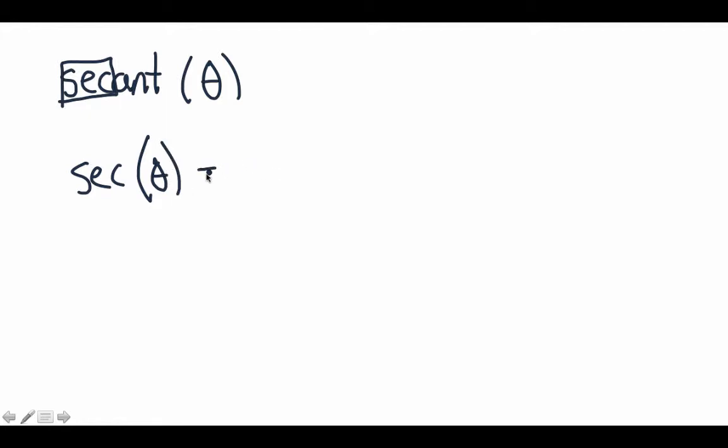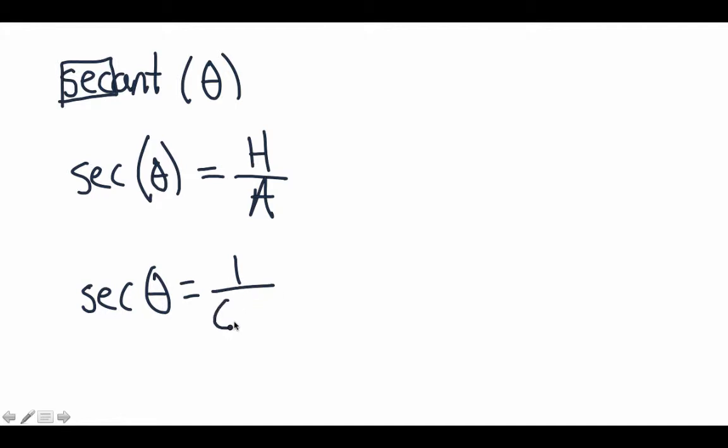It's actually defined as the hypotenuse over the adjacent. And you might think, well, that sounds familiar. Hypotenuse over adjacent. That sounds a lot like cosine. So another definition for secant is the secant of theta is the reciprocal of the cosine, or 1 over the cosine of theta.